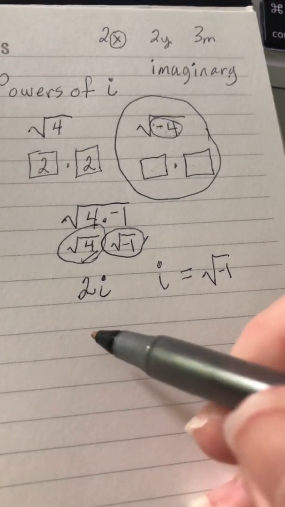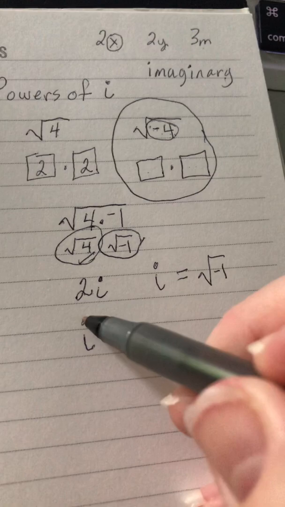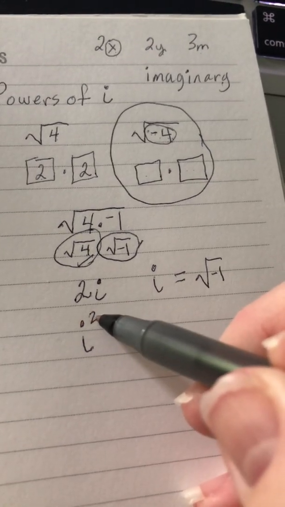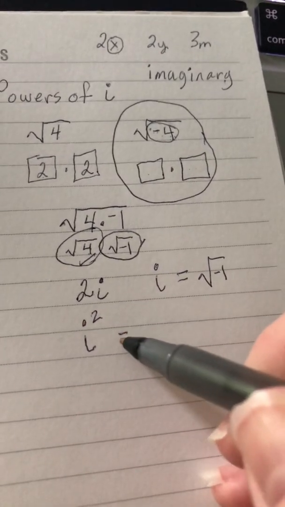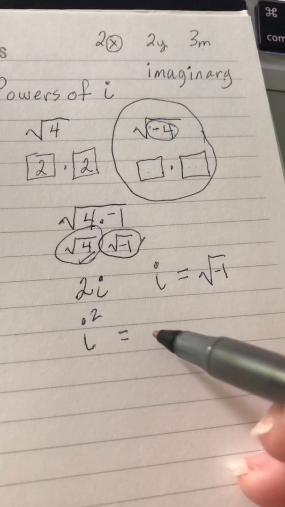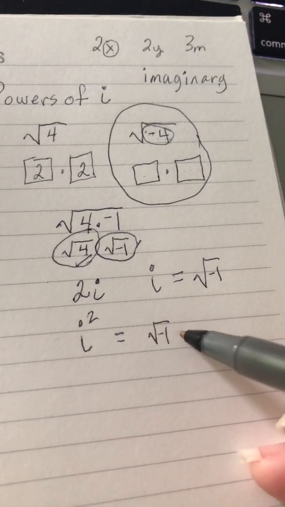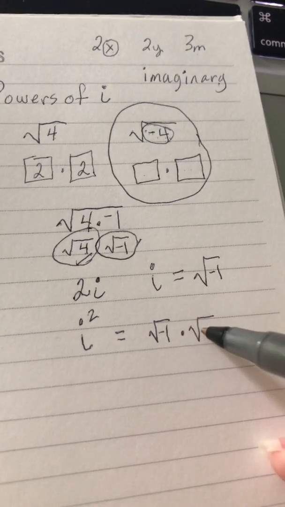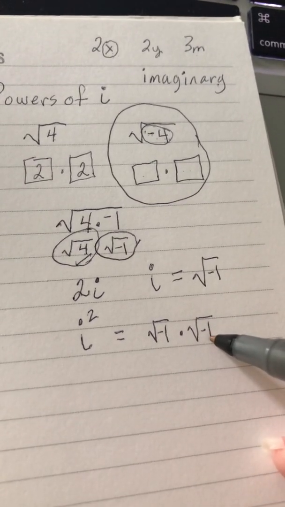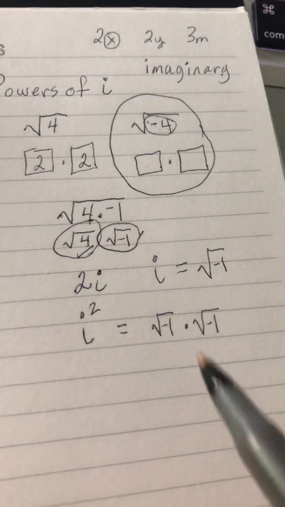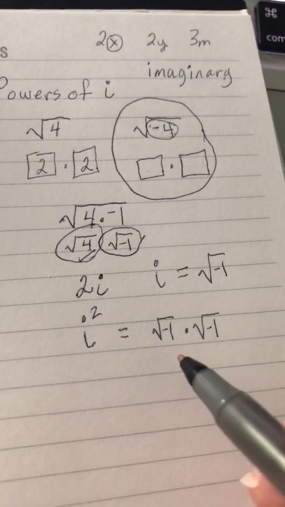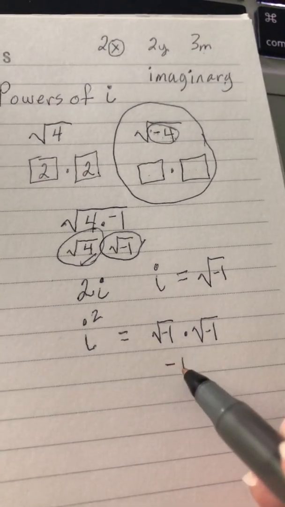So if I have i squared, then that would be the same thing as saying the square root of -1 times the square root of -1. And when I have that, that actually gives me an answer of -1. Think about it.